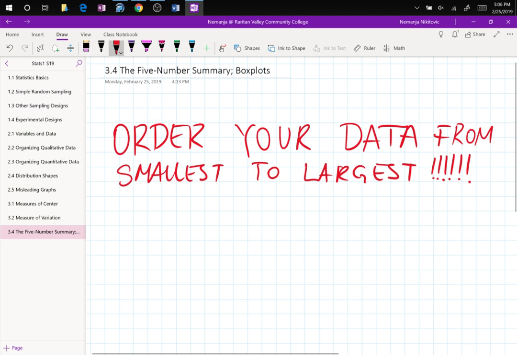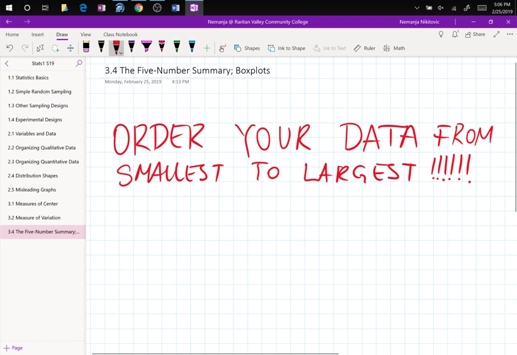Sometimes you're able to download data online, Control-C, Control-V into Excel as a chart. If you're having issues, you can use Paste Special. Stop by, I'll show you what to do if you have issues with that. And then just use the sorting tool on the upper right side to order your data from smallest to largest.